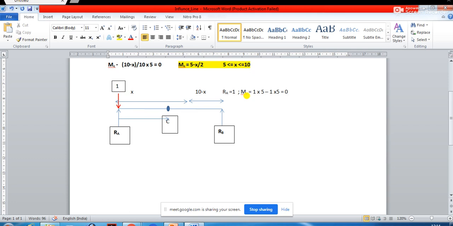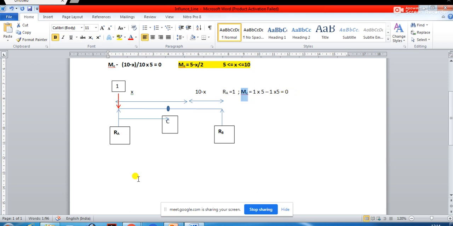So this is equal to 0. Is there any doubt on this? Okay? No, sir. So when the load is placed over this point, very clearly understand this, very important, the moment at C is going to be equal to 0.